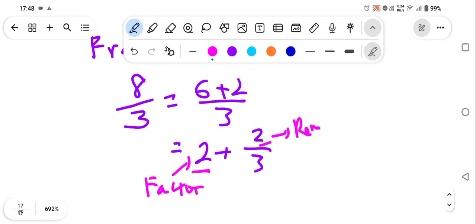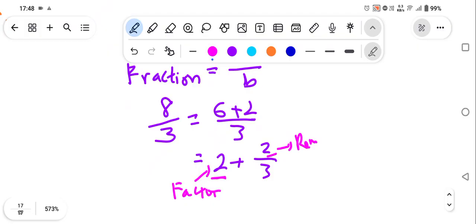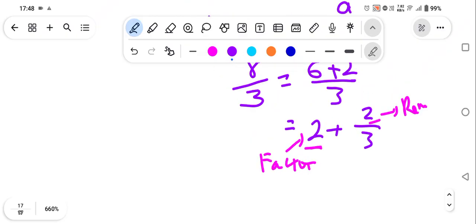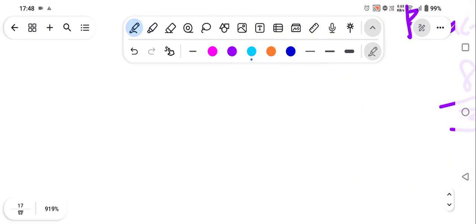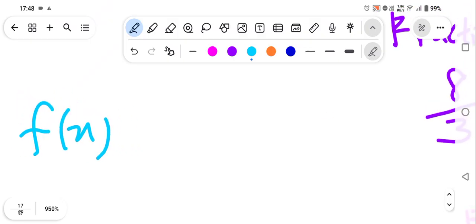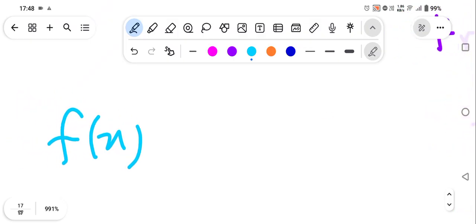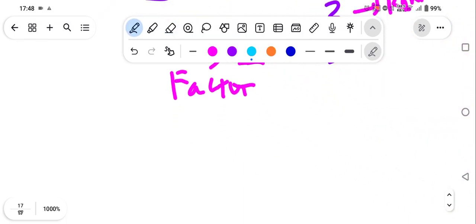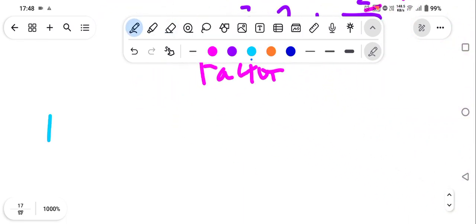Alright, so now let's start to get into polynomials. When we have some polynomial f(x), I'm going to briefly explain what the factor theorem and the remainder theorem are.